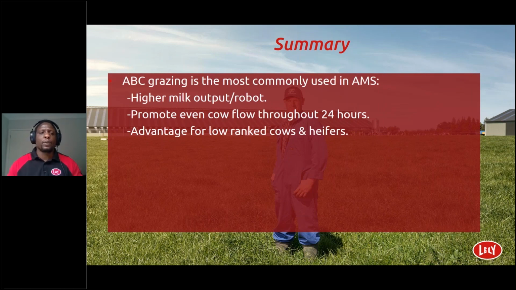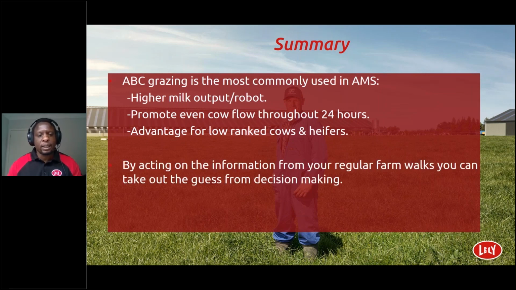Because it promotes higher milk output per robot, also promotes even cow flow throughout 24 hours, and it is an advantage for low-ranked cows and heifers because they can choose a time when it's a bit quieter on the robot, and after being milked, they have a chance to go to a fresh break of pasture. And by acting on the information from your regular farm walks, this will help you to take the guess out of decision making.